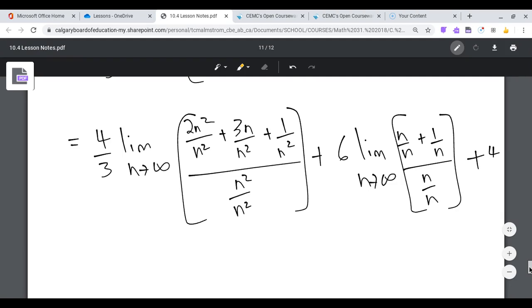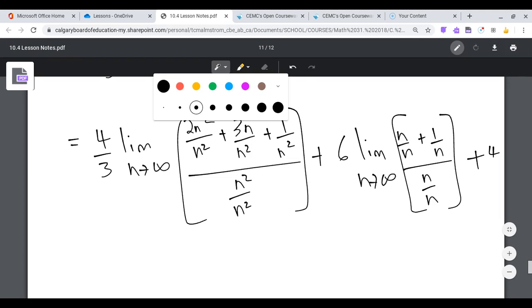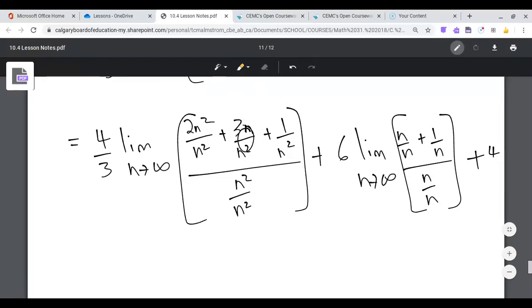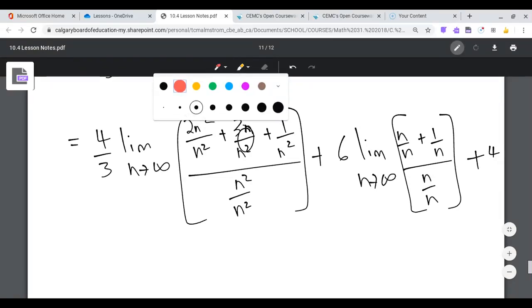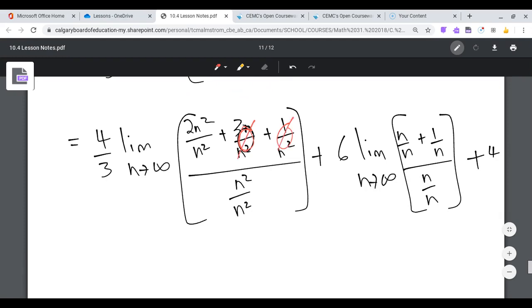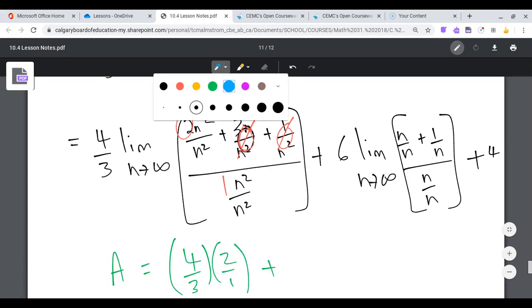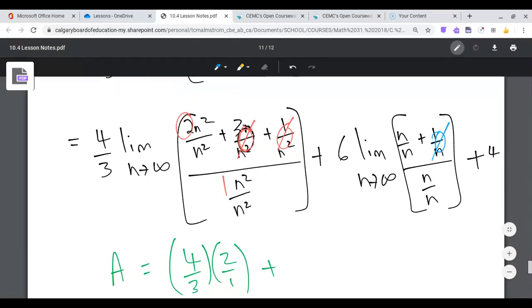Okay, so what happens here? Now I can actually reduce some stuff. In the first limit, these two pieces go to 0, and it leaves me with 2 on 1. So I get that the area is equal to 4/3 times 2 on 1 plus, in the second one, this piece goes to 0 and leaves me with 1 on 1.